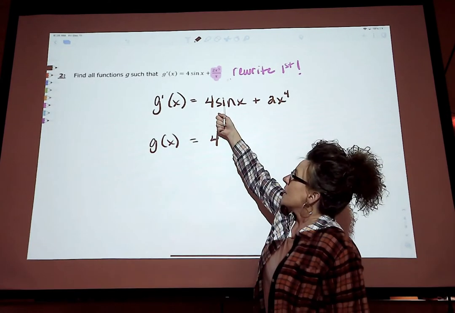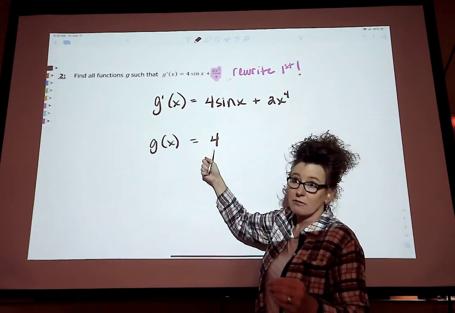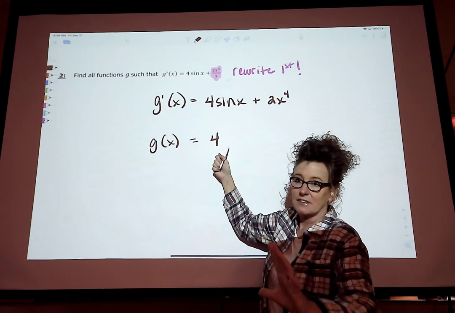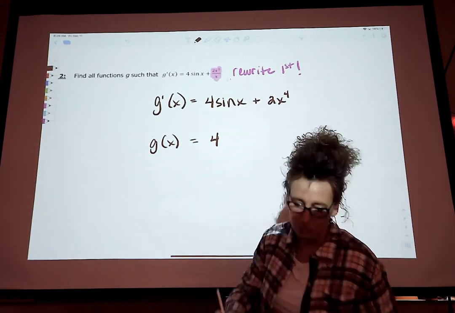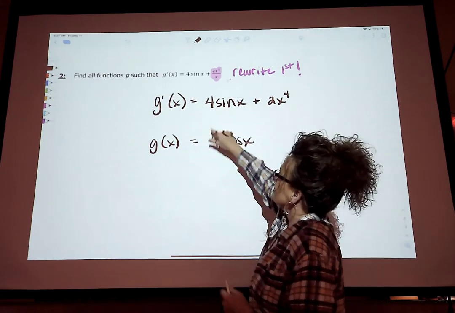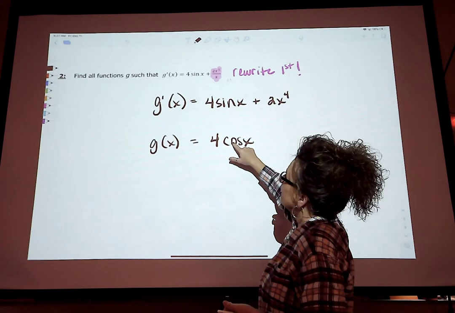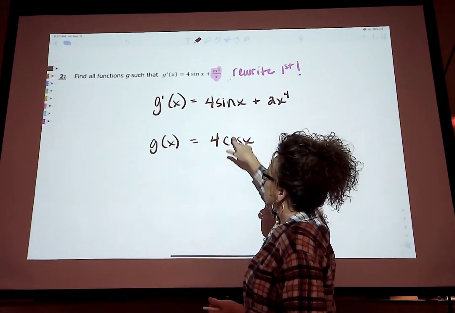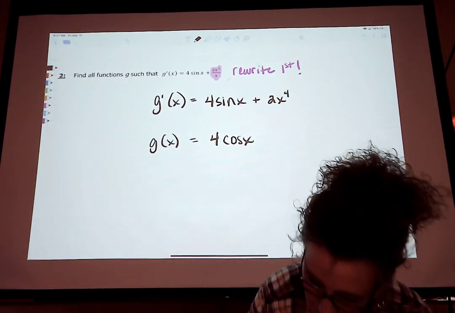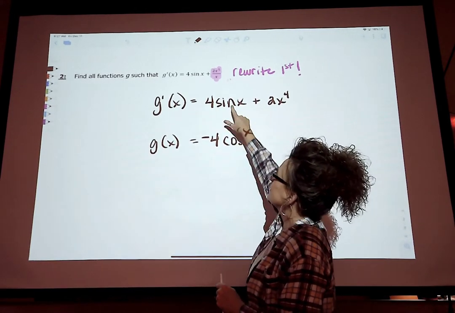You all know that when doing a derivative, you keep the constant there and then do the derivative on the rest. So the constant stays there. Cosine has a derivative of negative sine.